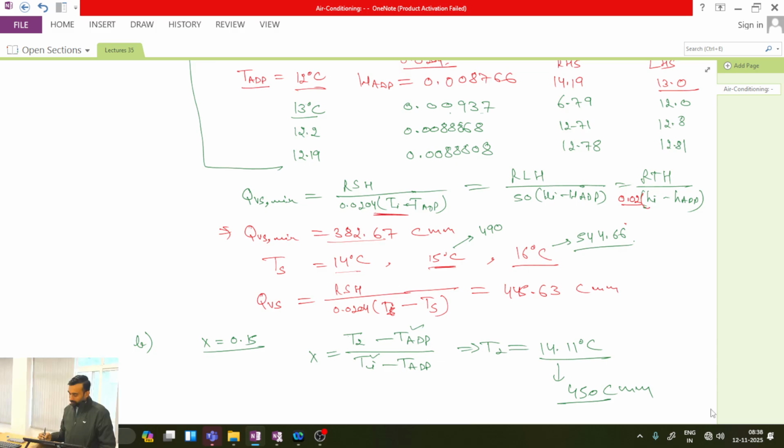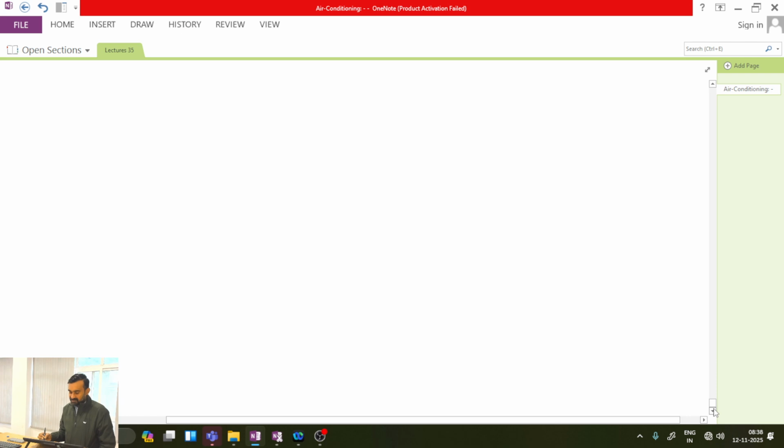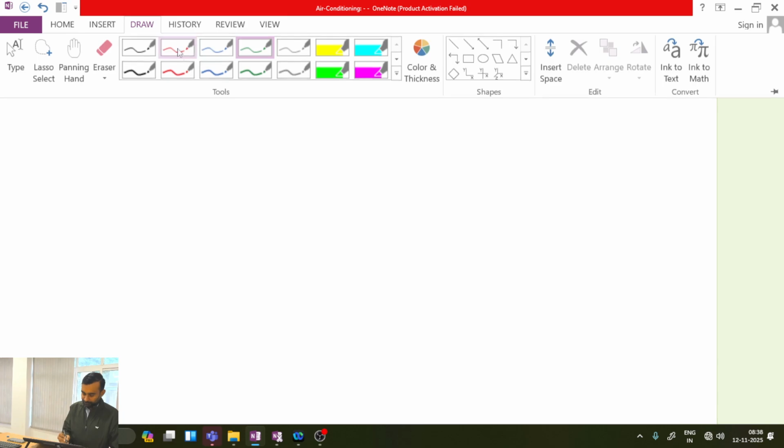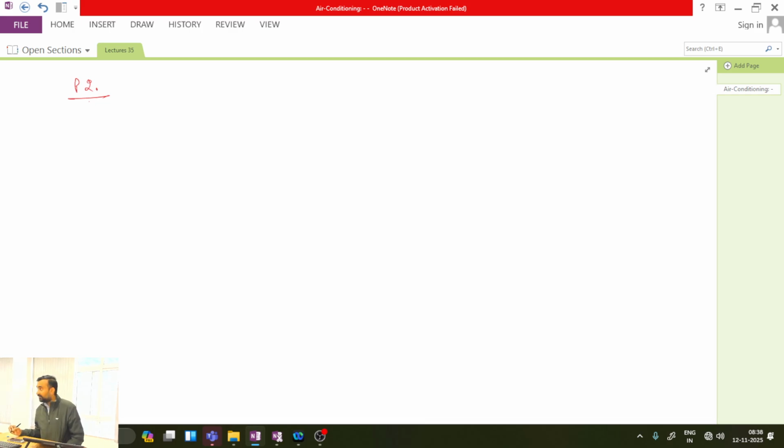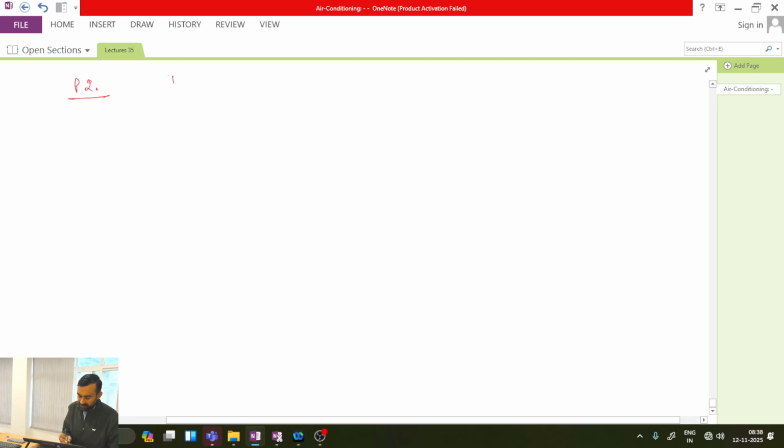Now let's start problem number 2, which is on a summer air conditioning system but with ventilation and zero bypass factor. The room air leaves the air conditioned space at 25 degrees Celsius and 50% RH. So it means TI is 25 and RHI is 50%, again the same conditions.